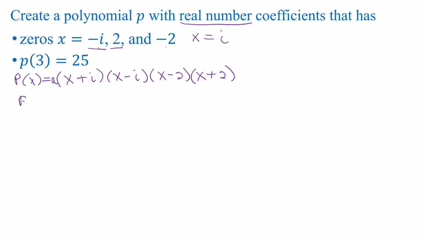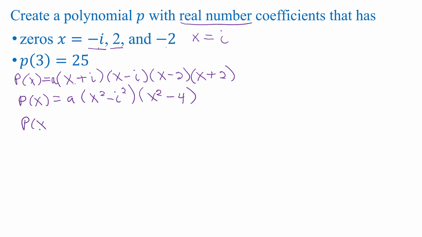So we have p of x equals a times x plus i times x minus i. We can FOIL to get x squared minus ix plus ix would add to 0, and then we have minus i squared here. And x minus 2 times x plus 2, we would have x squared minus 2x plus 2x adds to 0, and then minus 4.